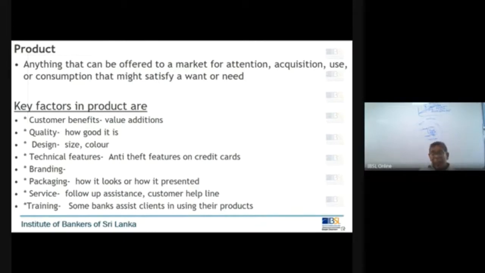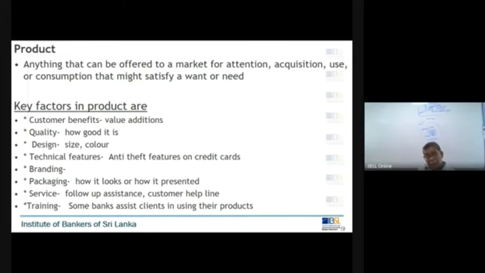Right. What are the key factors in products or services? What are the things products need to have? It must provide customer benefits. Why are you using soap? Why are you using TV? Why are you using a credit card?